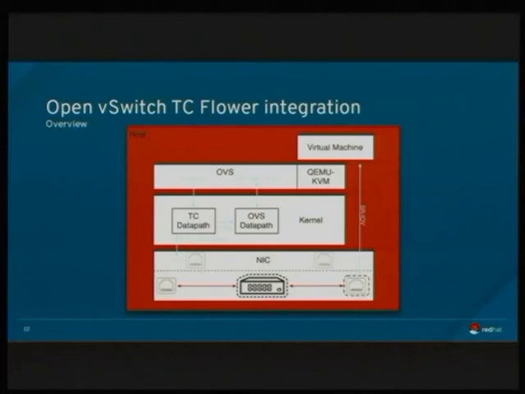It will talk to the TC framework and install the flow in the TC framework, and then the TC framework will push that hardware rule to the NIC. From that point onward, traffic is just forwarded as it is. If for some reason you decided that the rule is not in hardware, the rule will still come up to the TC data path.